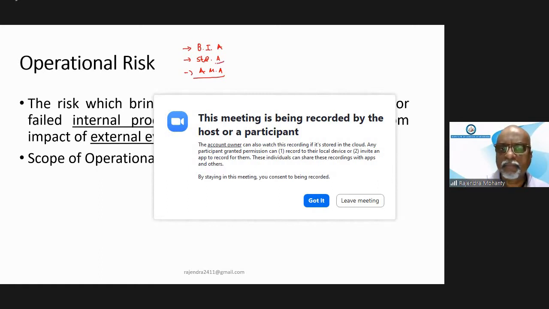So banks in India are under these two approaches. AMA approach is yet to be complied with by the Indian banks. Okay, but these two are done. Basic indicator approach compliance has been done by all the banks.